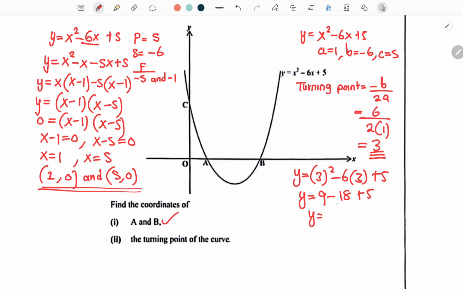So y is equal to 9 minus 18 is minus 9, plus 5. So y is equal to minus 4. So the turning point is going to equal, you open the bracket, in the x-axis you found 3, so this is going to be 3, comma, in the y-axis you have negative 4. And this is your turning point. And that is exactly how you solve this question.